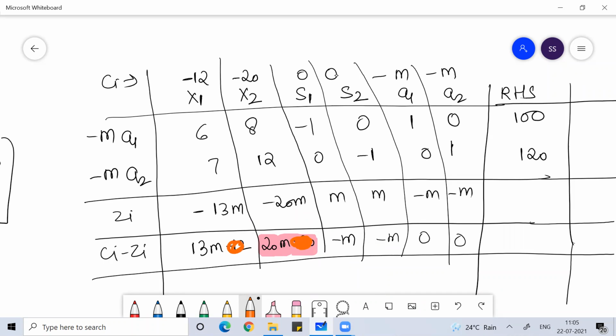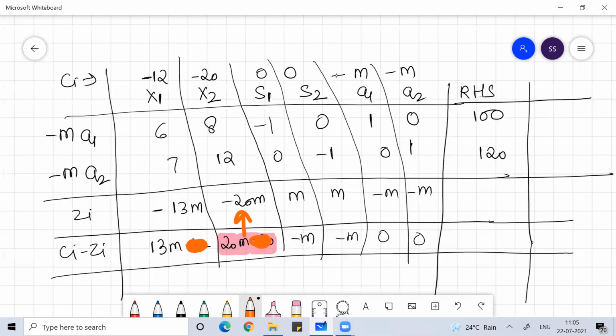Plus, minus and all does not signify anything, so that your solution does not depend on that. M is a very large value, but it's not infinity. If I had taken infinity, then 20 infinity and 13 infinity would both be the same. That's why we don't take it as infinity. I have taken it as M, so I can compare which of 13M and 20M is the bigger number.